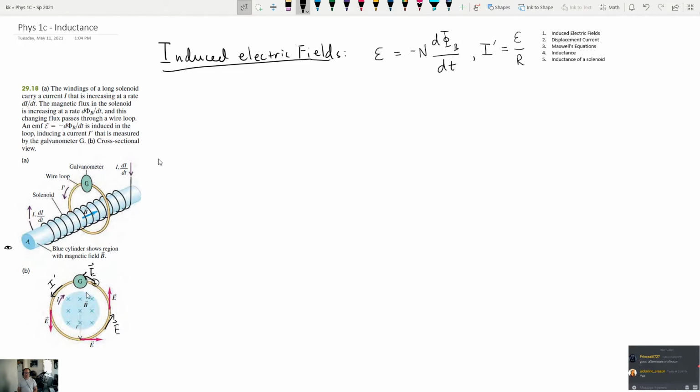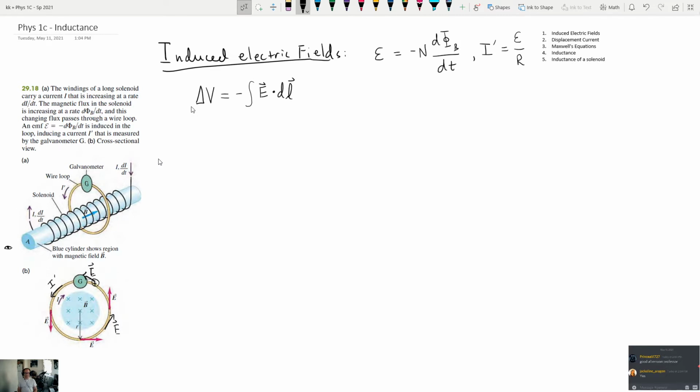So let's go about doing that. What we're going to need to do is go back to an equation that we had early on about potential difference. So electric potential difference, delta V, we said was equal to the negative integral of E dot dl. And remember that EMF and potential difference are basically the same thing.